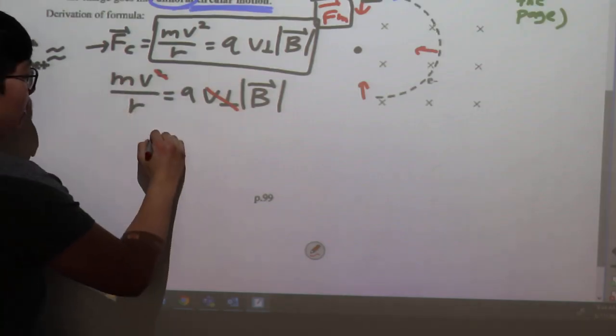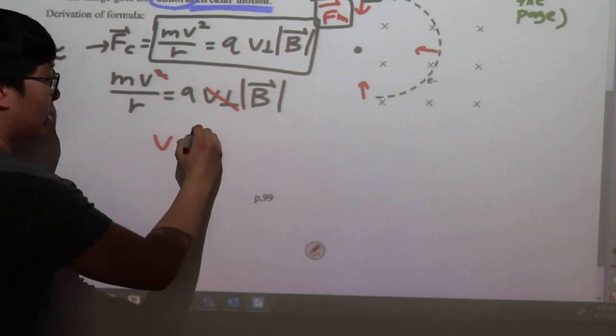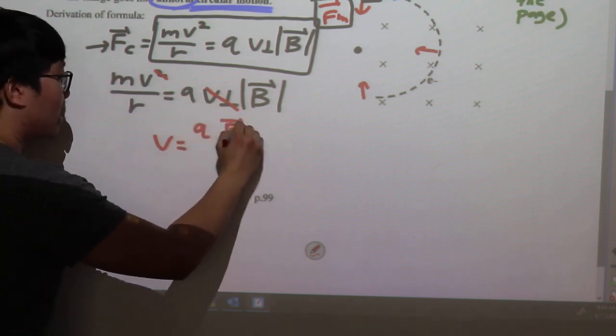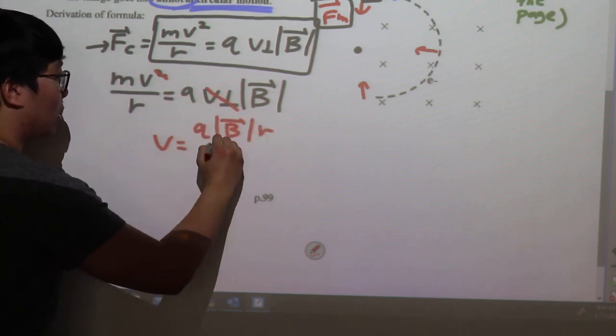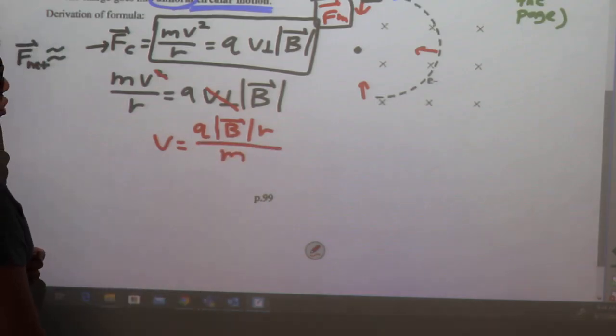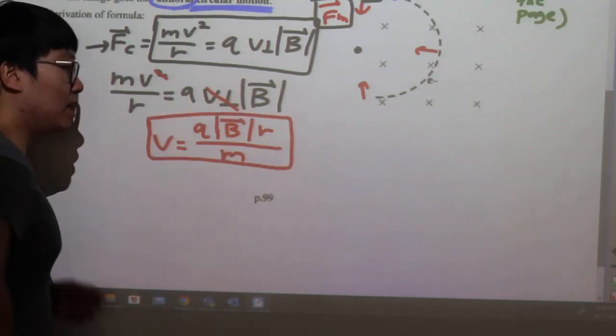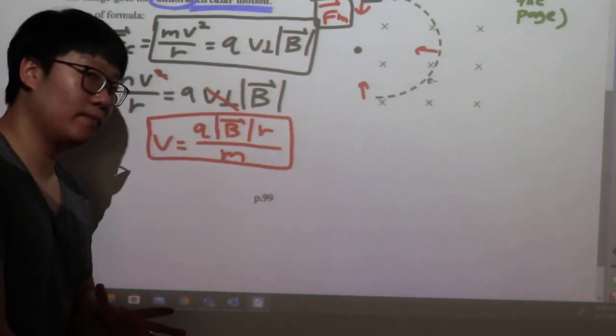So long story short, if I isolate one of the variables in here, QBR over M, that's the speed that you can find.